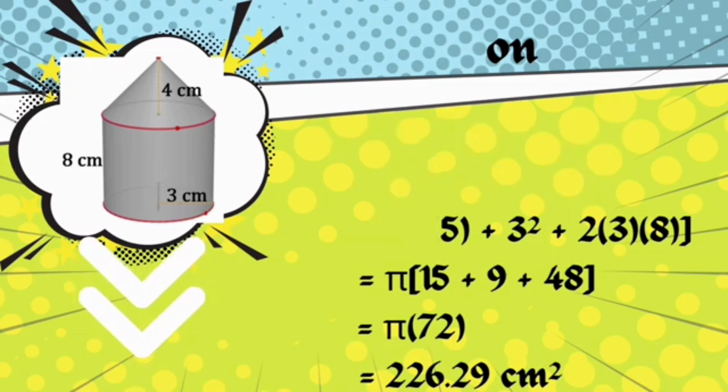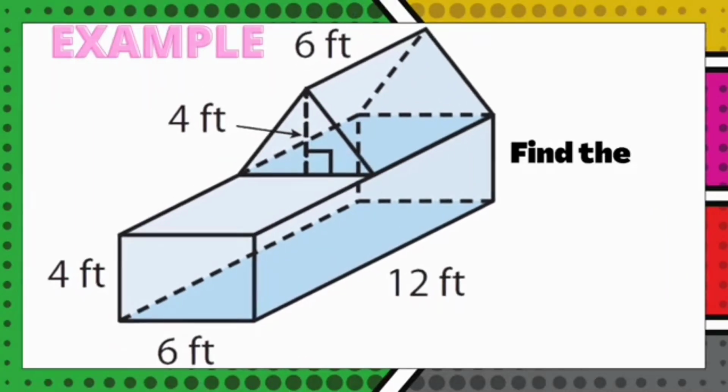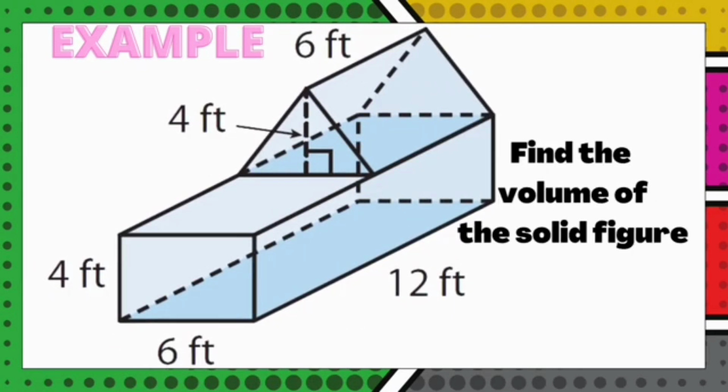Next, let's learn how to calculate the volume of a compound solid. Find the volume of the compound solid displayed here. The compound solid is made up of a triangular prism and a rectangular prism, or a cuboid. The triangular prism has dimensions 4 cm wide, 4 cm high, and 6 cm long.